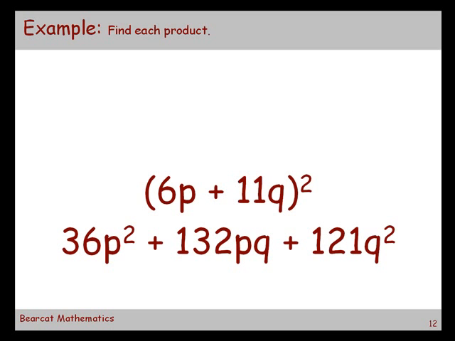Here, this is double 6p times 11q. 6p times 11q is 66pq, right? If we double that, we get 132pq. And then on the end, it's just 11 squared is 121, and q squared is q squared. Multiplied together and doubled. Yeah, that middle term.